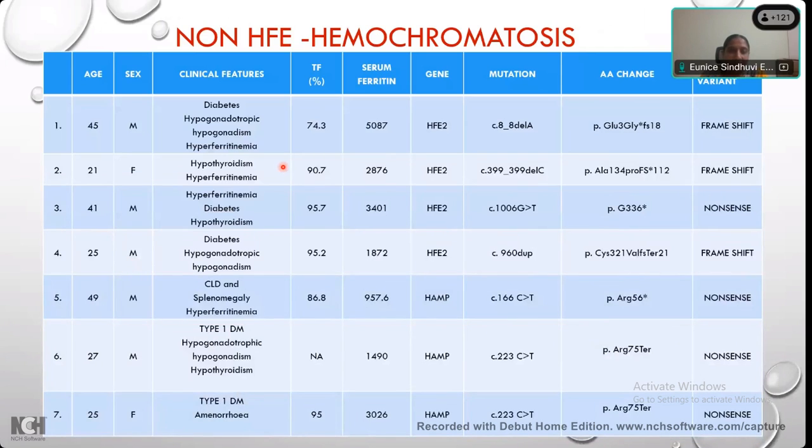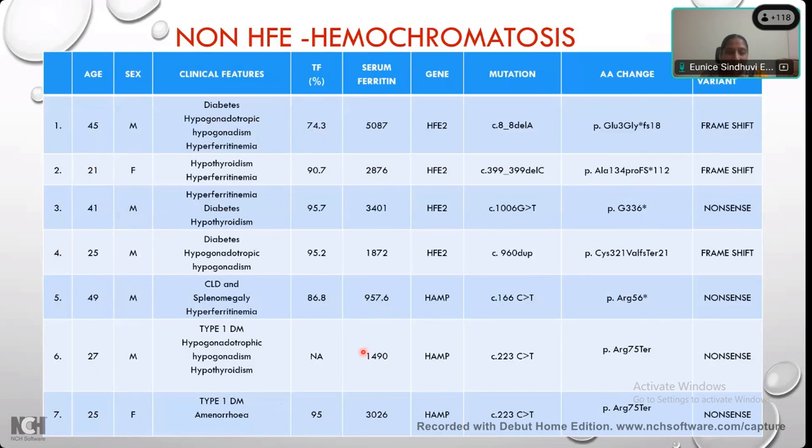When we did not find mutations in HFE in the other patients, then we looked at the other 4 non-HFE hemochromatosis genes. If you see, they all present early in life, and this population is from South India as well as from North India. So there is no geographical location for this non-HFE hemochromatosis.